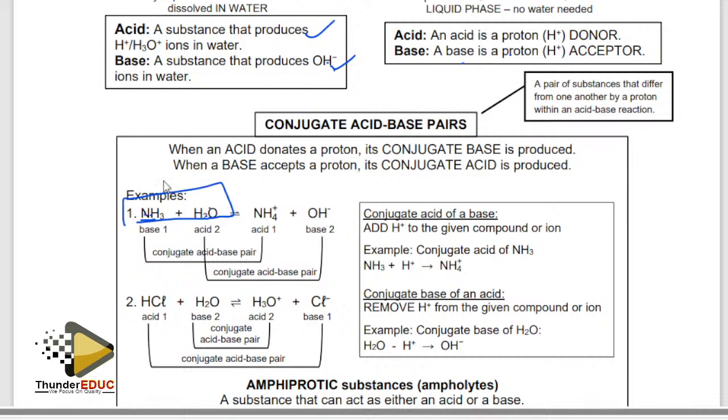When it comes to this side, this one has obtained the hydrogen ion, so it is the one which is going to become the acid to give it back. So this and this become the conjugate acid-base pair, and this and this become the acid-base conjugate pair. So you have to identify one side, which one is the acid and which one is the base.